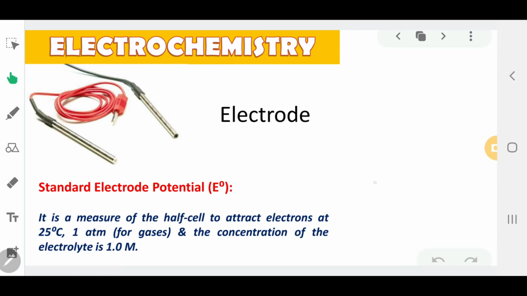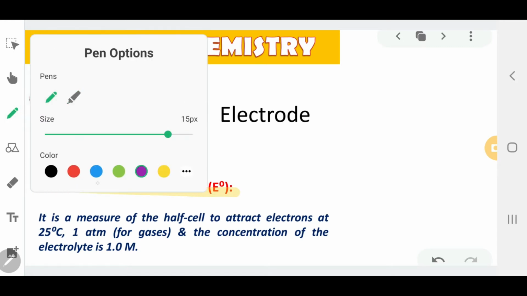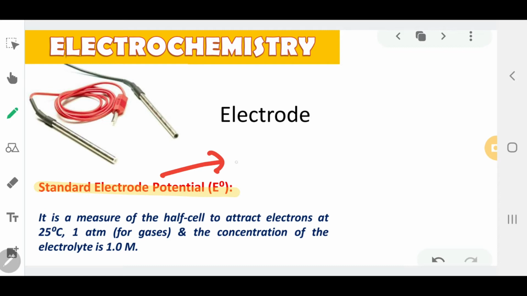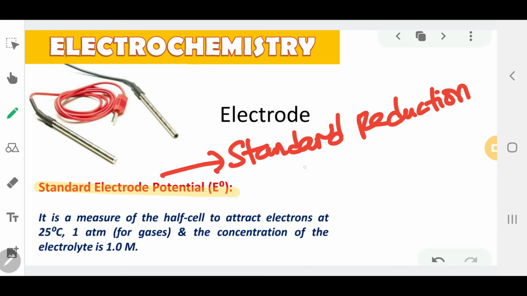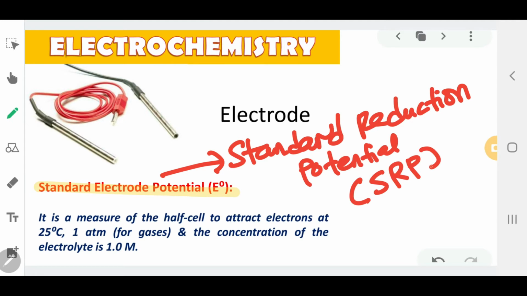Another thing that we need to know is standard electrode potential. This is the thing that we want to focus on in this video. Another name for standard electrode potential is the standard reduction potential, and it will be abbreviated as SRP.